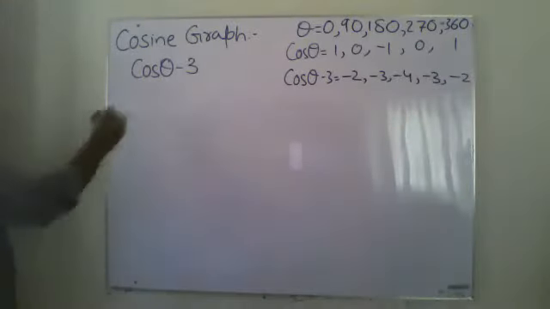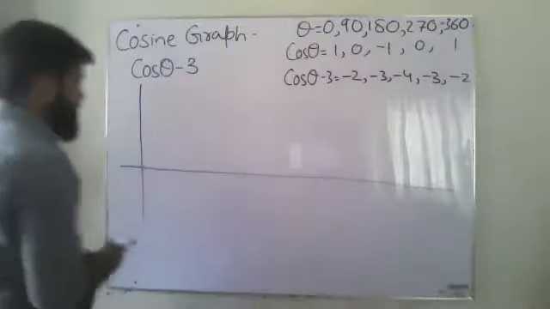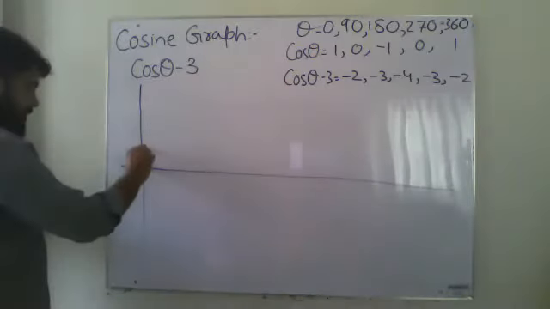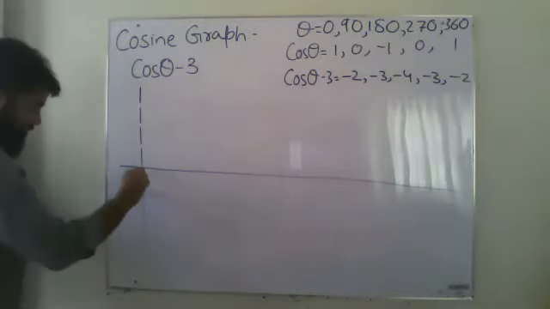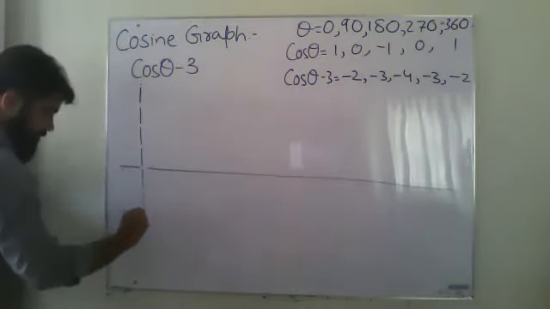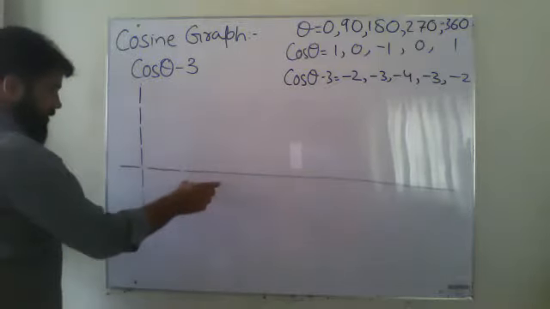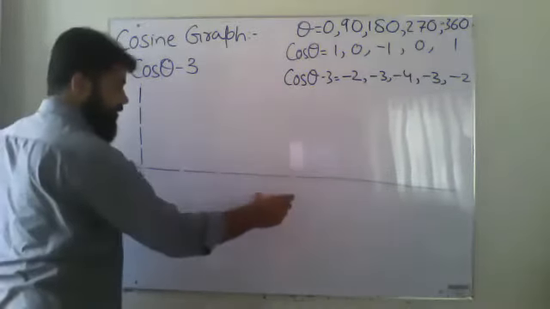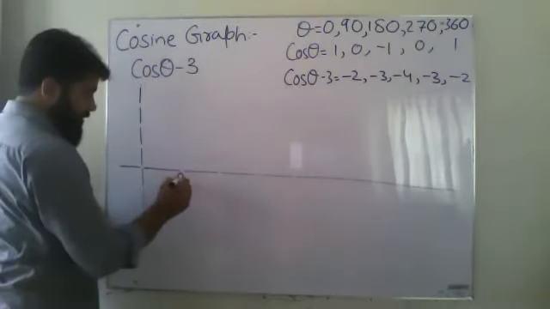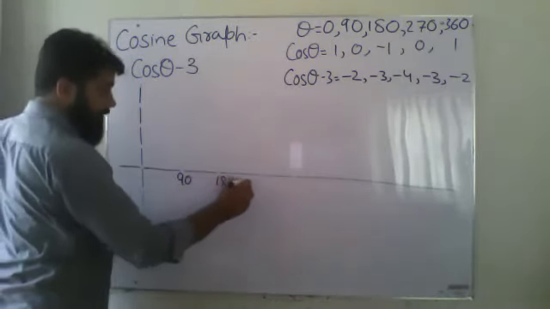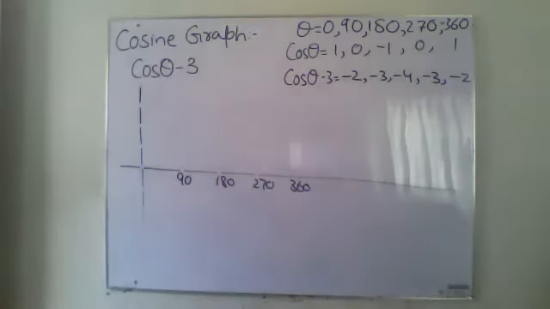So now drawing our graph, with 1, 2, 3, 4 on the y-axis and 90, 180, 270, 360 on the x-axis.